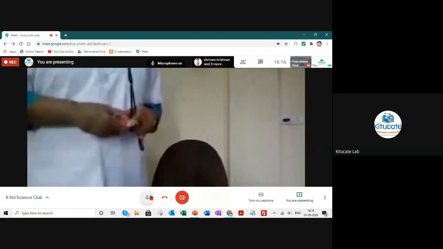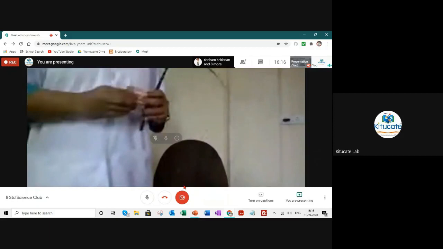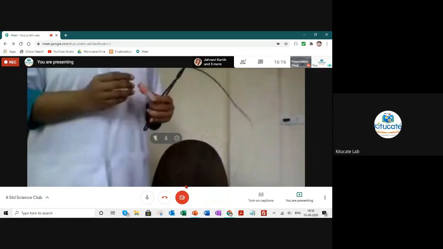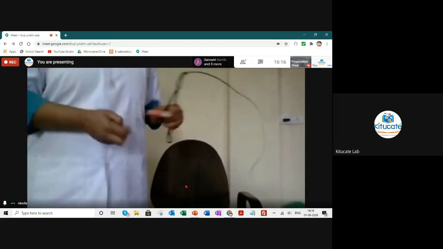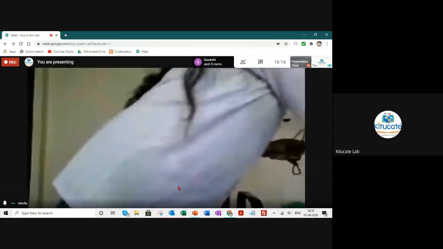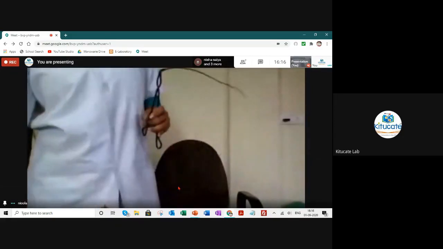You might have to use a candle or a spirit lamp. It won't burn very fast using the matchbox. So you burn the magnesium ribbon using a candle or a spirit lamp.